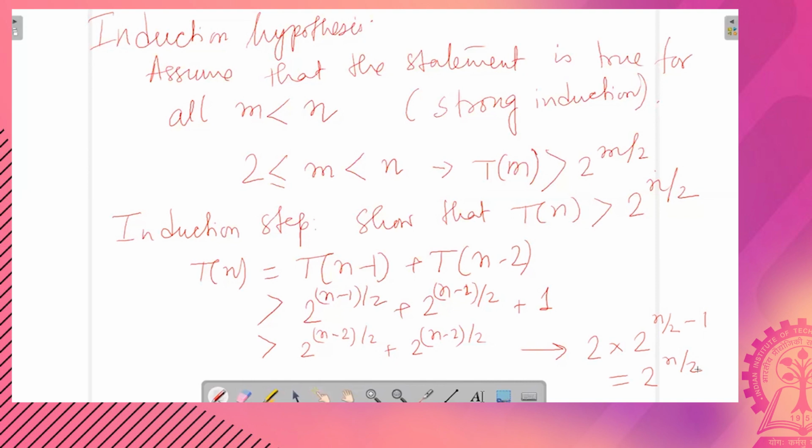Okay. So as simple as that. So now, using the induction technique, we have been able to prove that the number of terms that need to be computed, if you go by the recursive algorithm, should be larger than 2 to the n by 2.